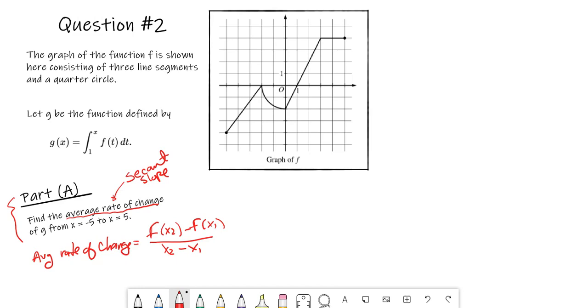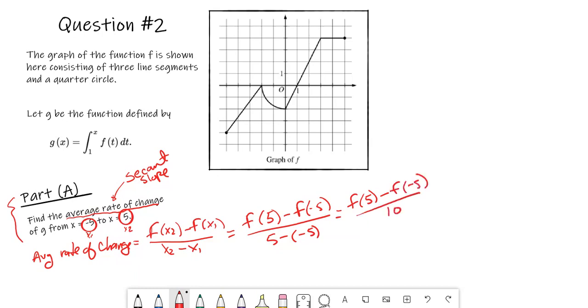So if we call this x1 and we call this x2, then we would plug it in and say f of 5 minus f of -5 over 5 minus -5. So we've got that much so far.